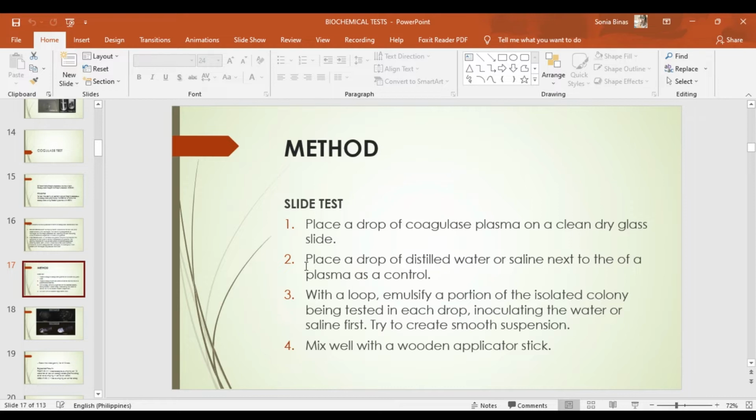Yung saline or yung water, we will use this as a control para makita natin kung totoong coagulase positive or talagang nagka-clump yung ating organism. So, with the loop, emulsify a portion of the isolated colony being tested in each drop, inoculating the water or saline first. Try to create a smooth suspension and mix well with a wooden applicator stick.